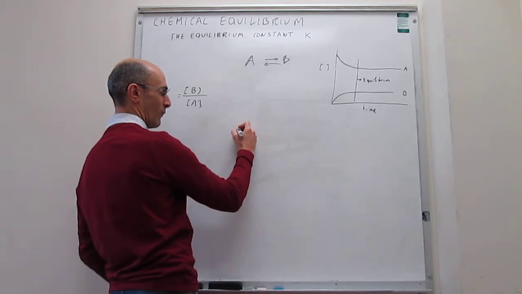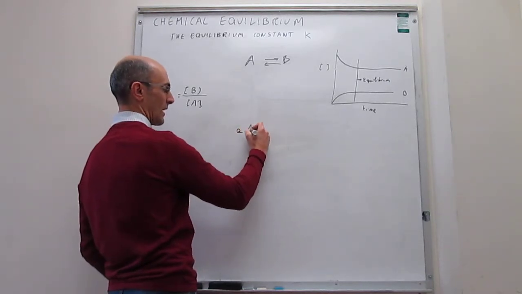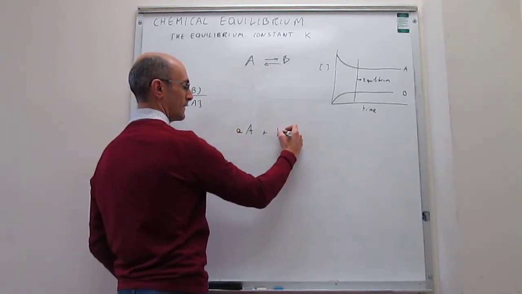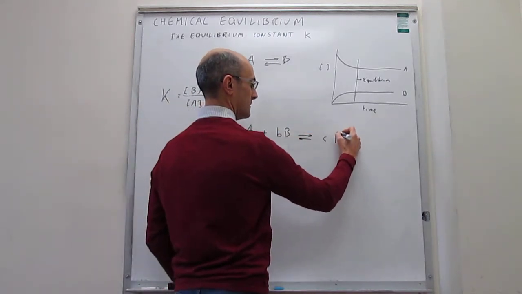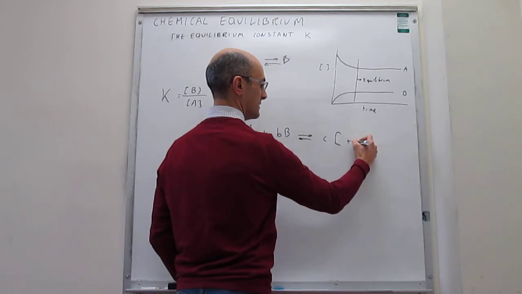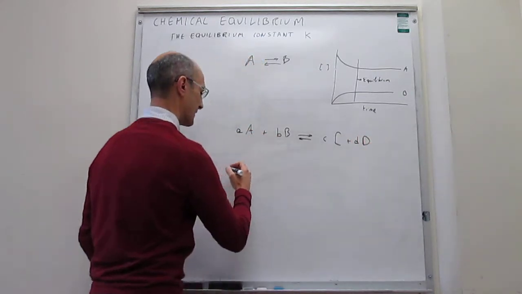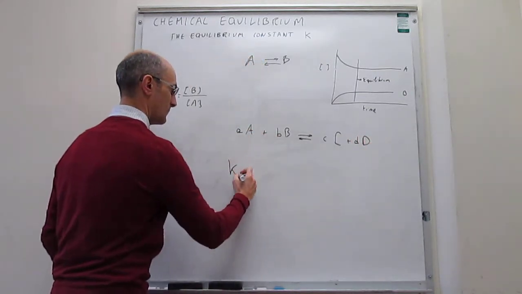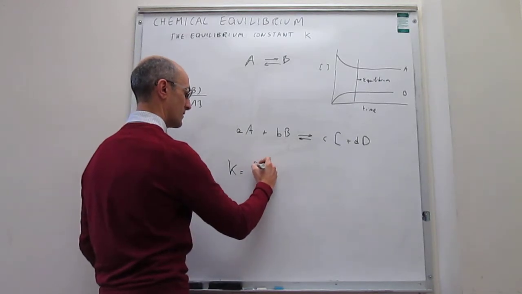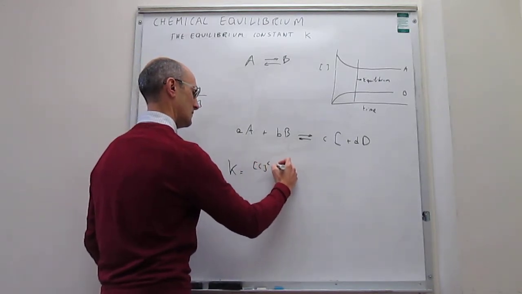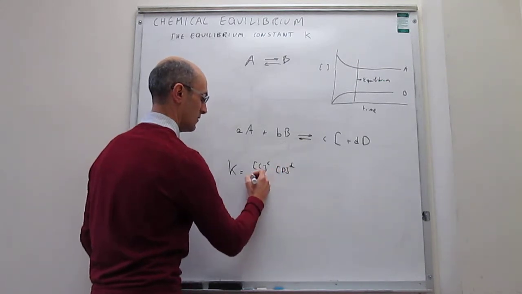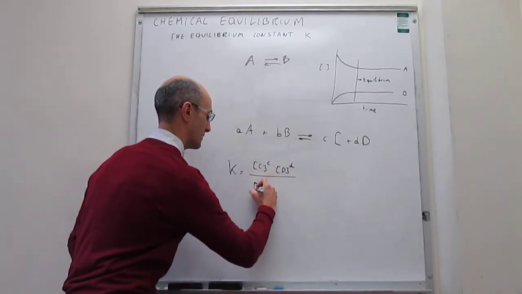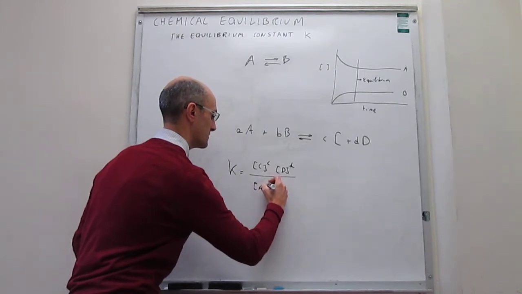So for example, for a more generic reaction in which you have two reagents, A and B, to generate two products, C and D, okay, this equilibrium constant happened to be the product of the concentration of products over the product of the concentration of reagents.